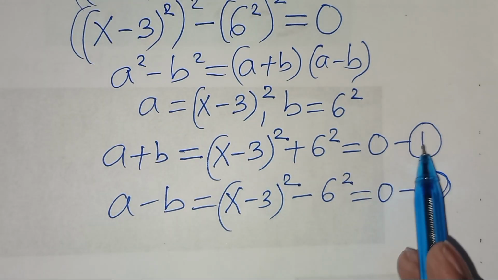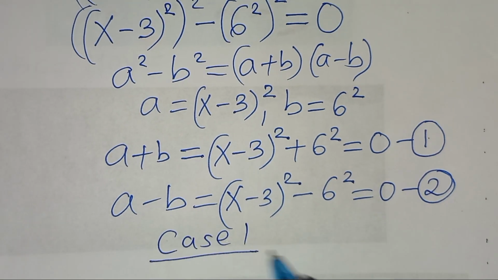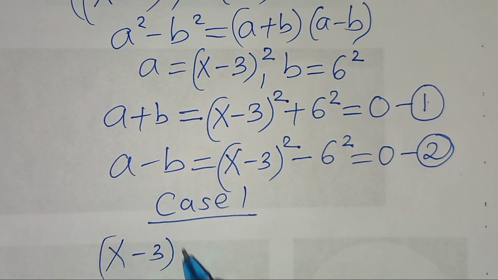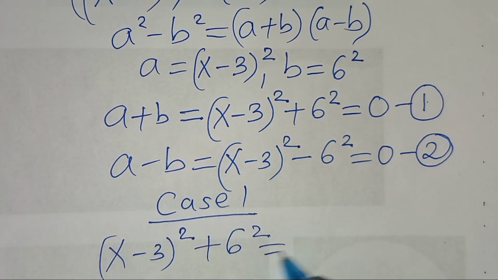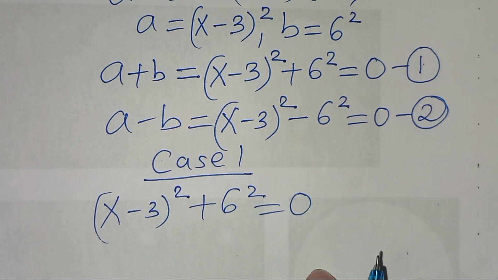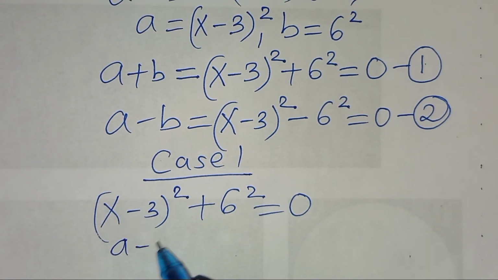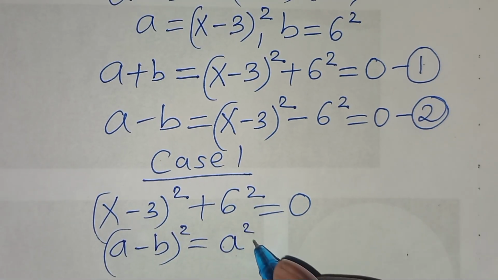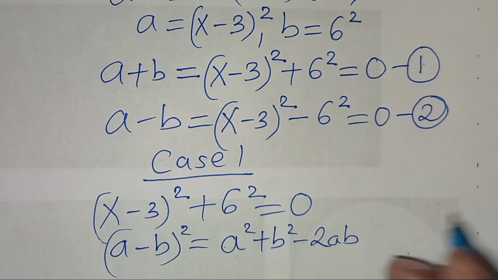Let's solve equation 1, which I can call case 1. In case 1, we have (x - 3)^2 + 6^2 = 0. Now (x - 3)^2 is in the form of (a - b)^2, which you can express as a^2 + b^2 - 2ab.